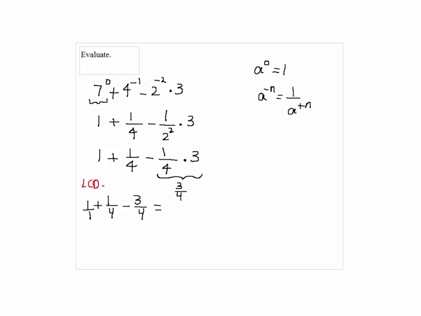So if I make all these like a fraction, the LCD in this case is 4. So I have to multiply the first fraction by 4 over 4. So I would have 4 over 4 plus 1 over 4 minus 3 over 4.